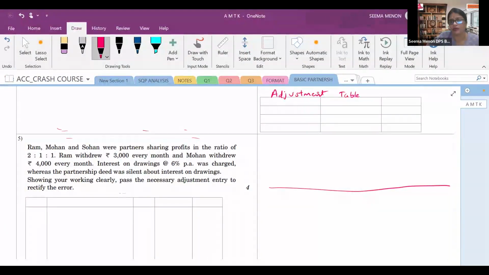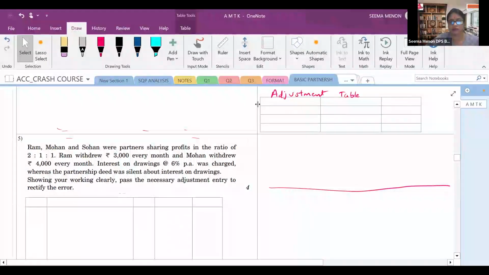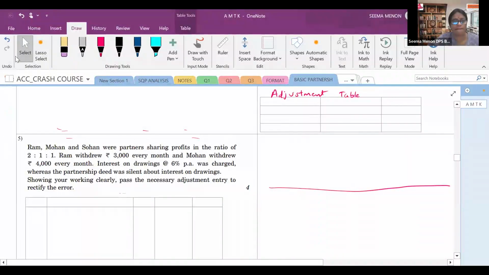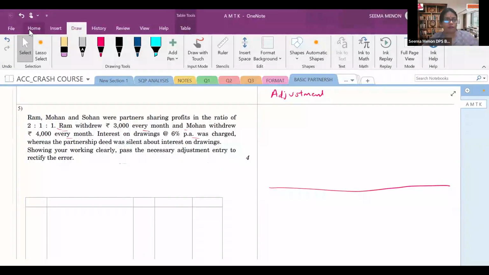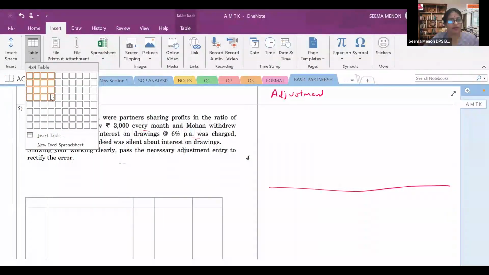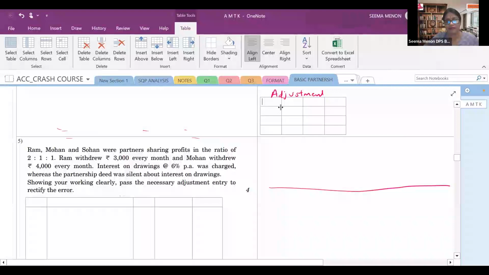So three partners, Ram, Mohan and Sohan.